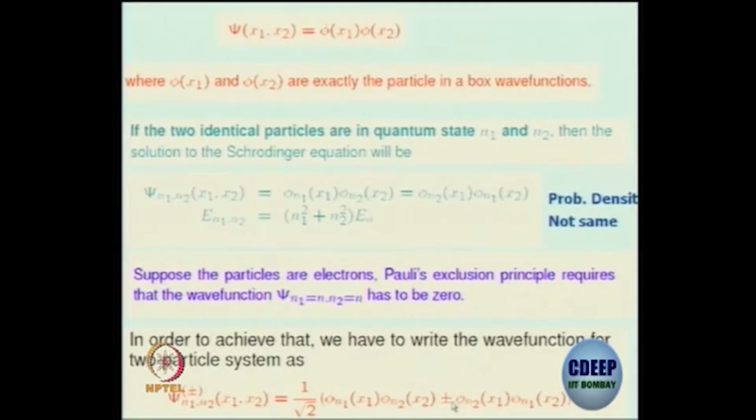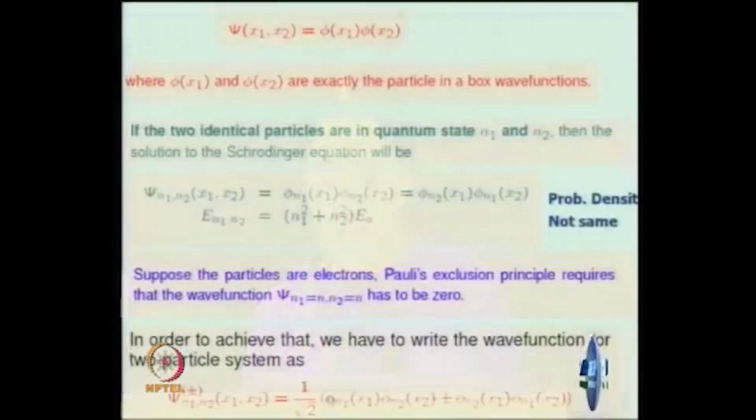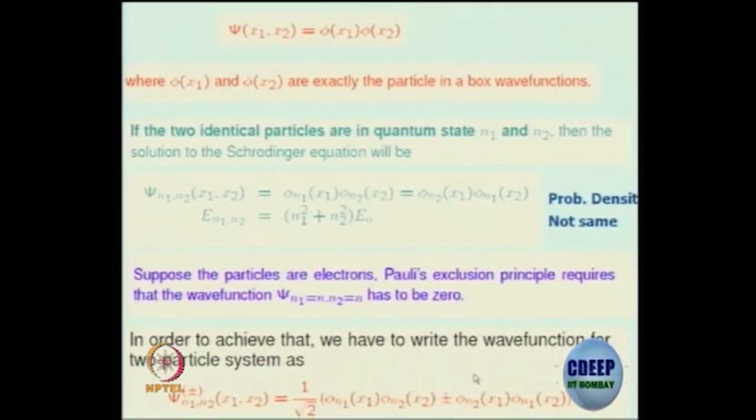It's the minus sign which is right for the electrons. Suppose I replace the electron by a boson, we'll put a plus sign, because it should be non-zero. You can't have a minus sign. Clear?